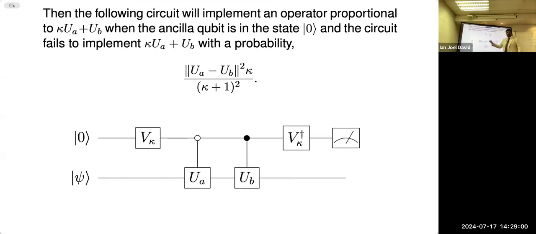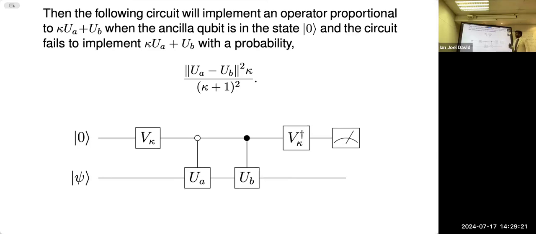And then, depending on what the probabilities or the amplitudes of this ancilla are, whenever this is 0 you implement UA, and whenever this is in 1 you implement UB. Okay? Then you undo the transformation that you did. You apply V kappa dagger, so you uncompute that transformation.